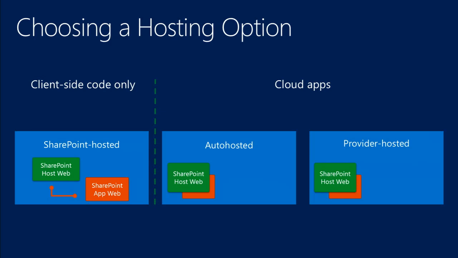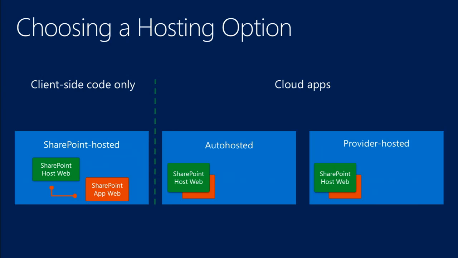In these models, the real difference is, do you have server code? And if you have server code, where do you want it hosted? If you want to let SharePoint create an IIS website for you in Windows Azure Websites, then the auto-hosted model is the one to go with.